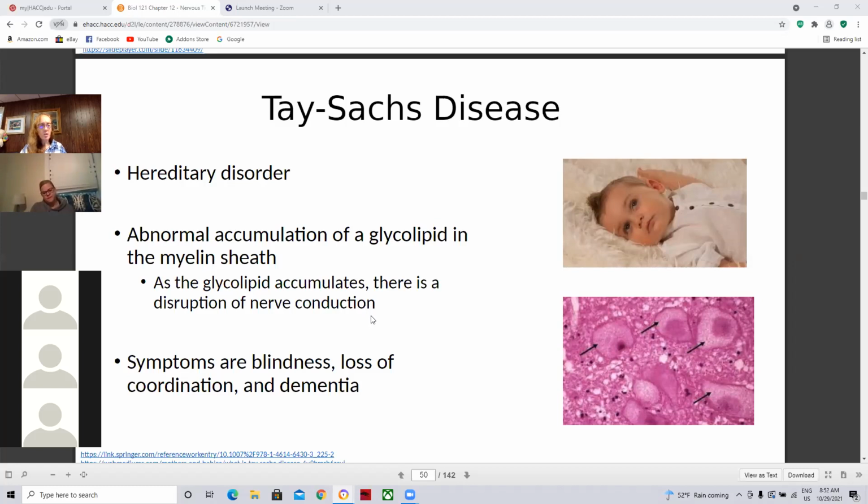Well, what do you know about structure and function? If you change the structure of something or something starts taking an abnormal structure, it's going to change the function or disrupt the function. As this glycolipid accumulates in the myelin sheath, the myelin swells, causing a disruption in nerve conduction.